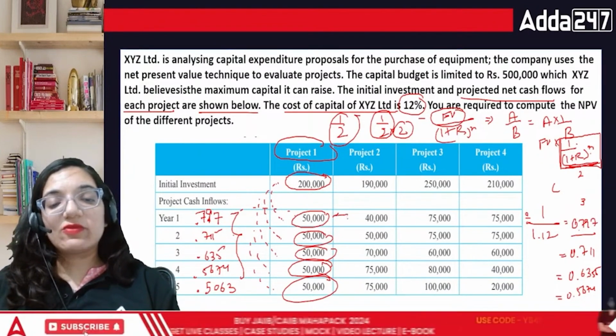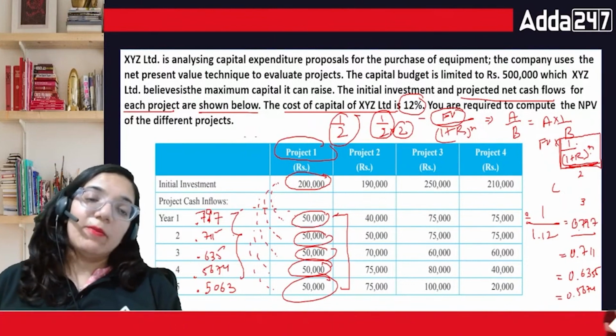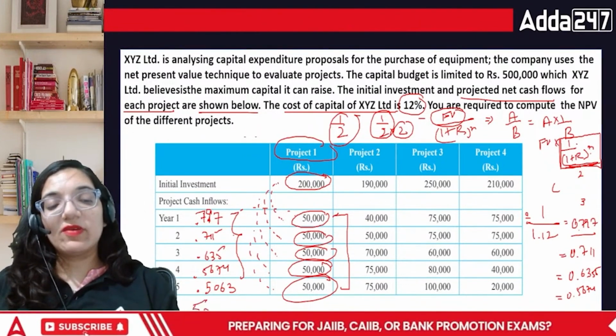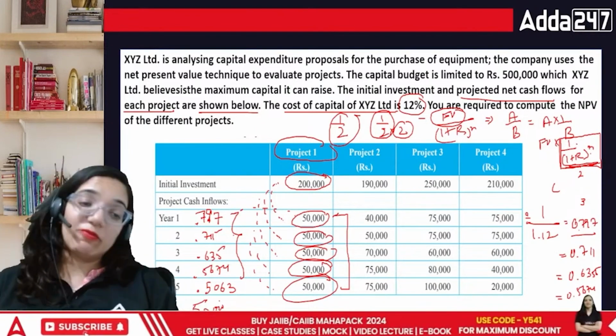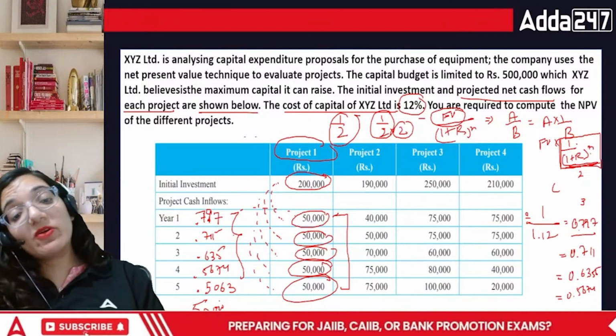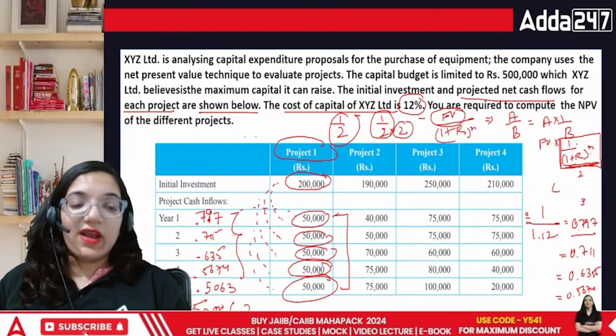In this case, it was all the same, so you do the total of it and multiply by 50,000. You can take it common now: 50,000 multiplied by 0.797 plus 50,000 multiplied by 0.711 plus 50,000 multiplied by 0.635. In multiplication, you take 50,000 outside and you add these all up.